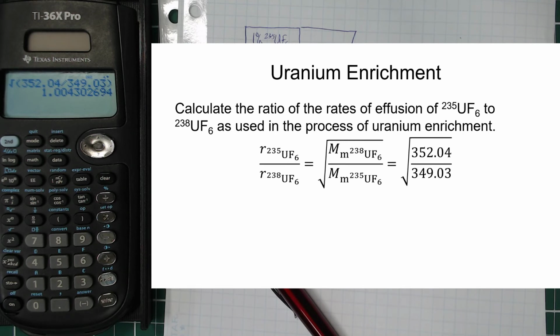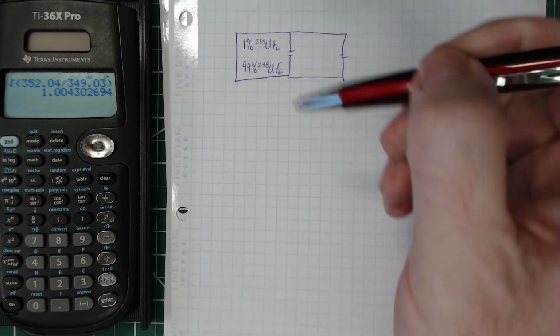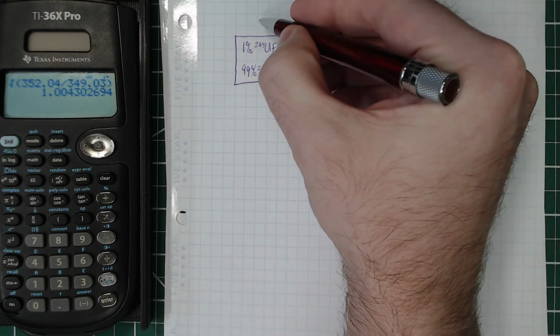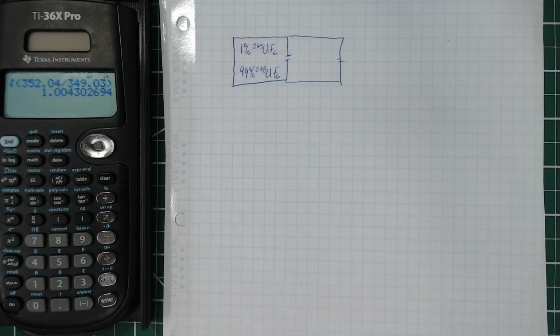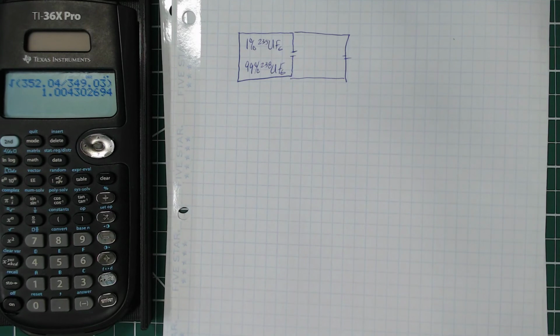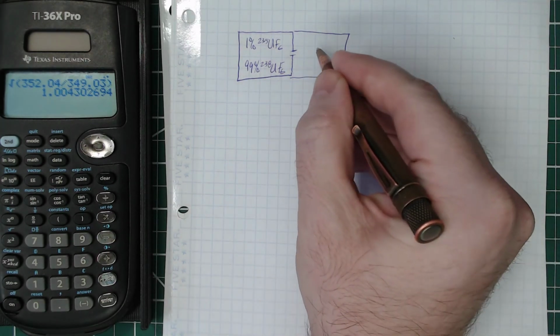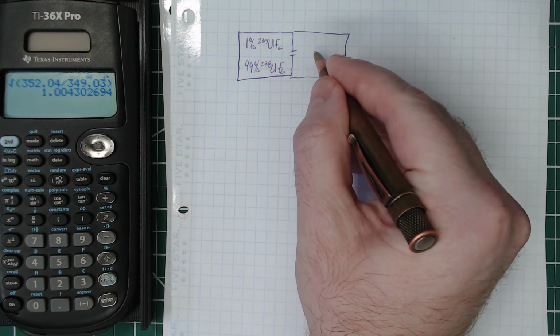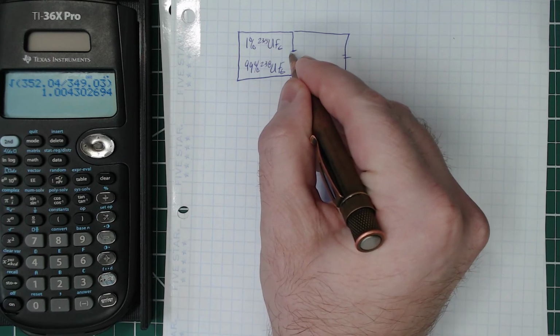And you may be wondering, okay, how do we take advantage of that? Well, imagine that we've got a container here. This is our starting container, and in that container we've got 1% uranium-235 hexafluoride and 99% uranium-238 hexafluoride. In the next container, we've got an empty space, a vacuum, and then there's a tiny hole.